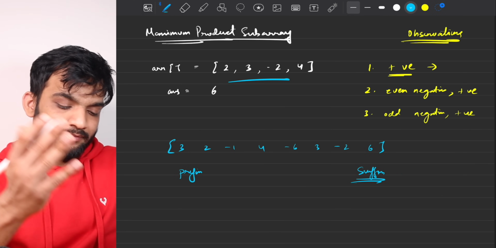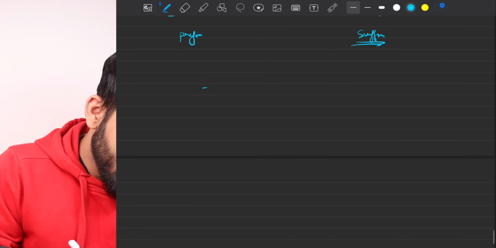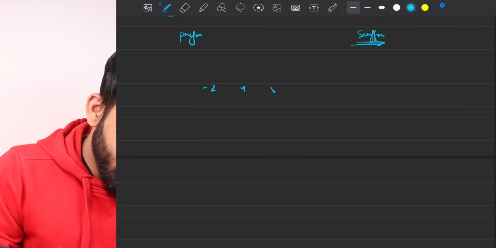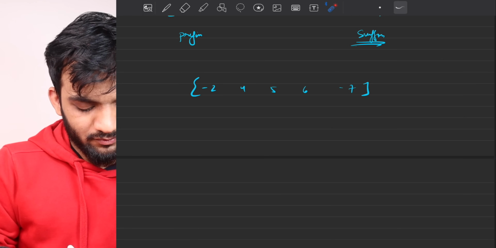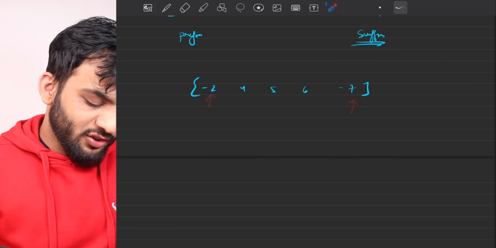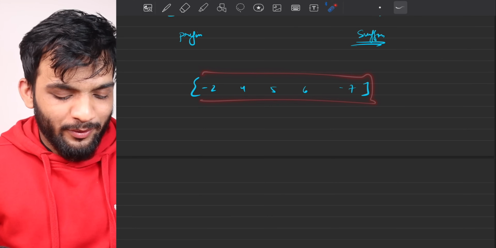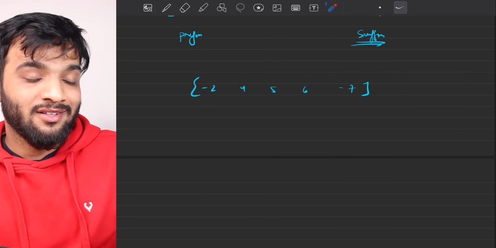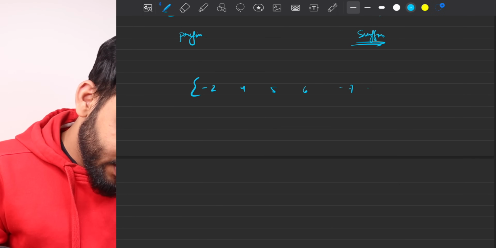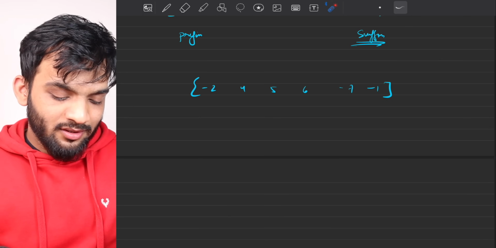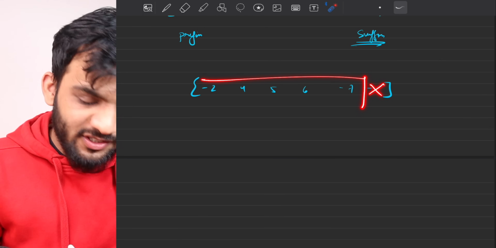How does this work? Even if I take something like minus 2, 4, 5, 6, minus 7. So there are 2 negatives. So the entire prefix is the answer. Or you can say the entire suffix is the answer. Right? Even if I have something like a minus 1 here. In this case, if you remove this, the prefix is the answer.